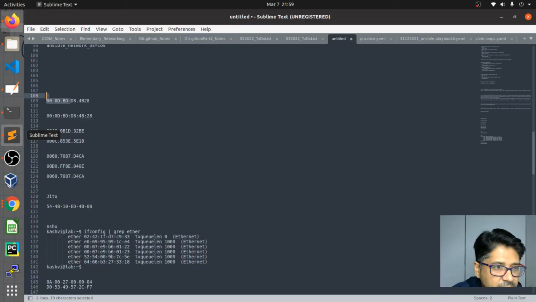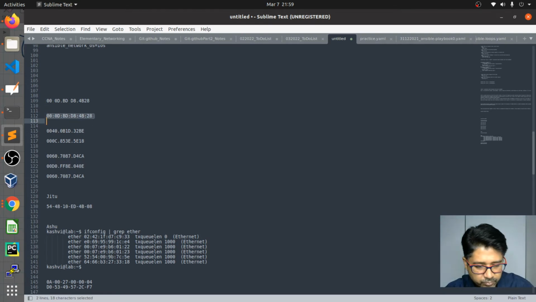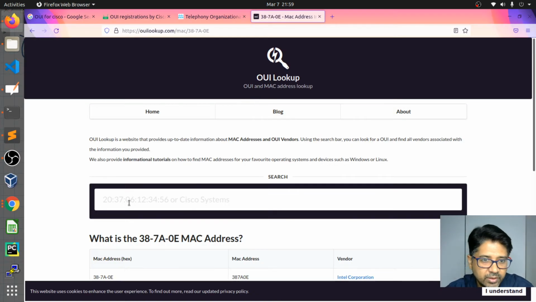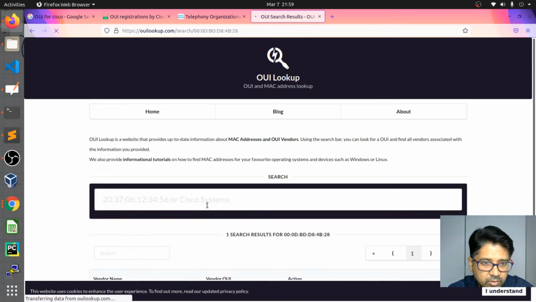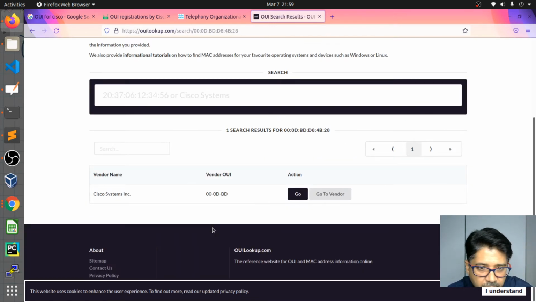Let me take one MAC address, and suppose I give this MAC address here. So this will tell you which organization it belongs to. This comes from Cisco Systems. Can you see this?